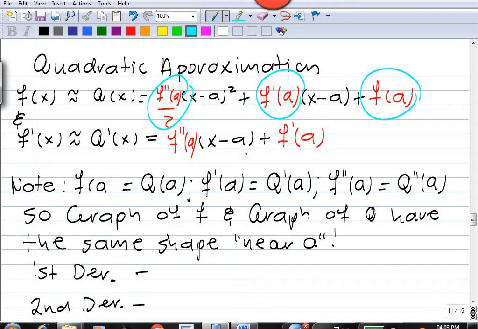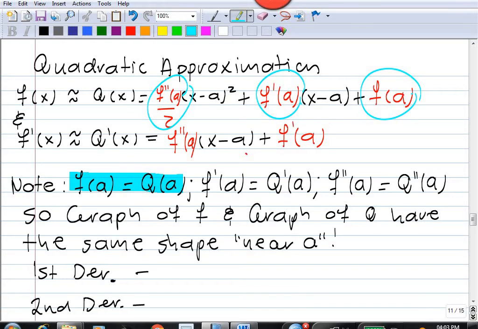So this is exactly the second degree polynomial, or in other words the quadratic, that gives an exact value for f at a, and which gives good approximations for both f and its derivative for x near a.